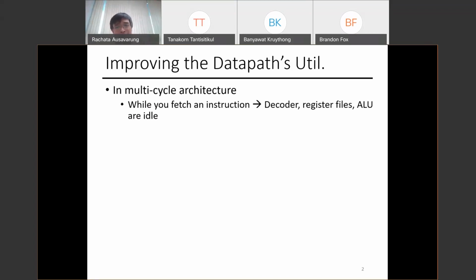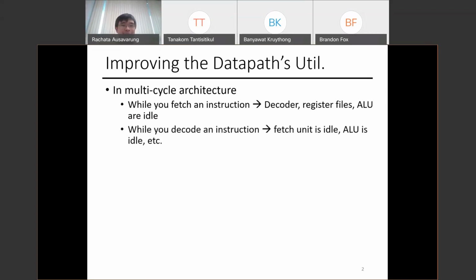So while you're spending time fetching this instruction, the decoder is free, the register file is free, the ALU is free, everything is idle. When you're decoding the instruction you're supposed to process, the fetch unit is idle, the ALU is idle, everything but the decoder is idle.